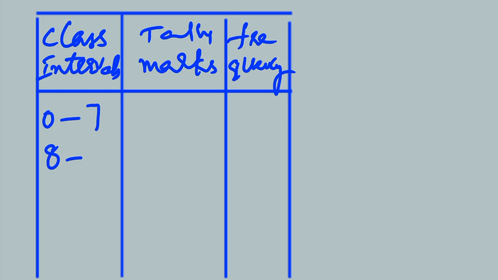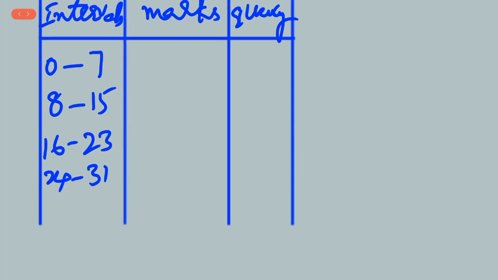Again for 8, add 7. I told you class length is 8, so we have to take 7. So 8 plus 7 is 15, and again start with 16. 16 plus 7 is 23, and again start with 24, and 24 plus 7 is 31, and again start with 32. 32 plus 7 is 39, and again 40. 40 plus 7 is equal to 47.